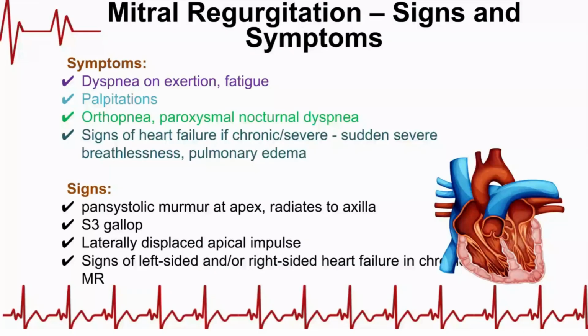Now, in an already failing left ventricle, it can't handle the extra blood that is being forced into the heart, and this causes left atrial dilation and an increase in the pressure inside the pulmonary circuit. So what would happen is that you would have fluid pass into the lungs, and this patient suddenly feels very short of breath and needs to sit upright in order to feel a little better. So this is orthopnea. That's when you lie down.